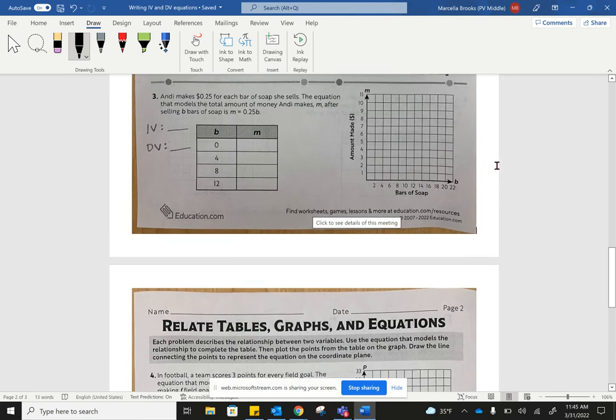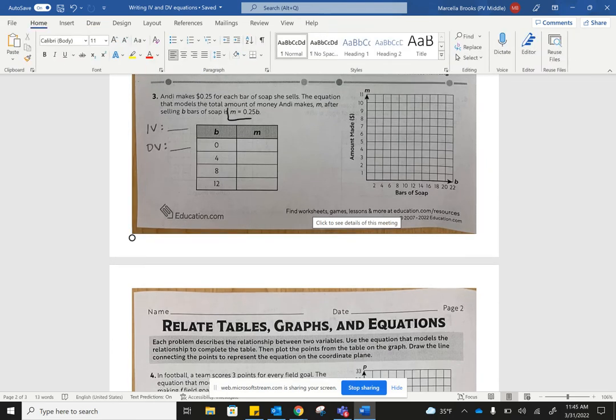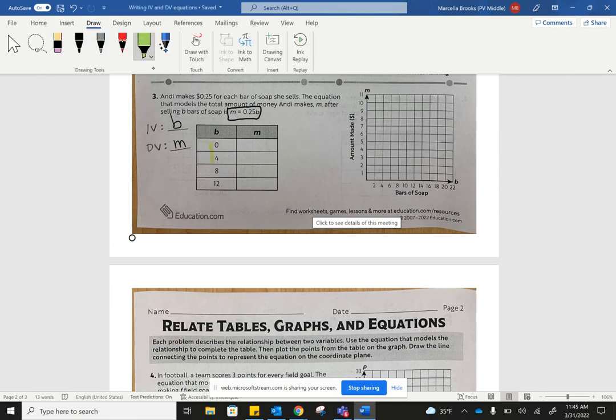This is another one. We should have already had our equation boxed. So my DV is M, because remember, it's on one side by itself. It's the result of a calculation. My IV is B. I am going to plug in these values for B. Remember, 0.25B means 0.25 times a number, this number, 0.